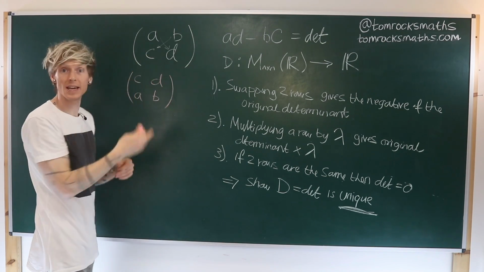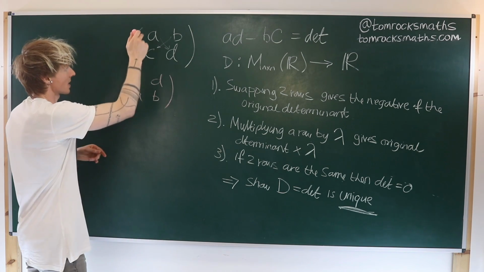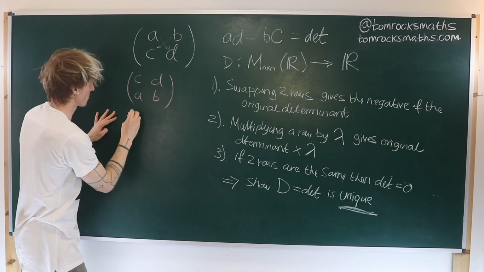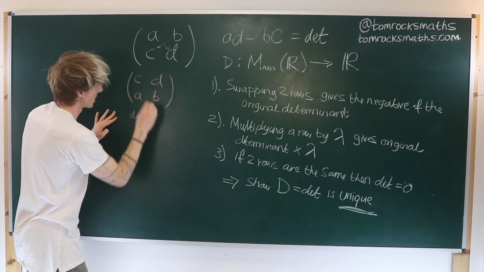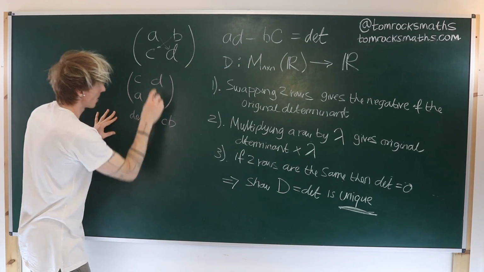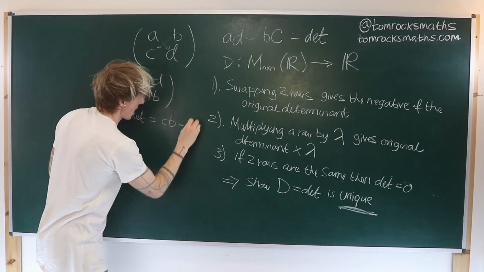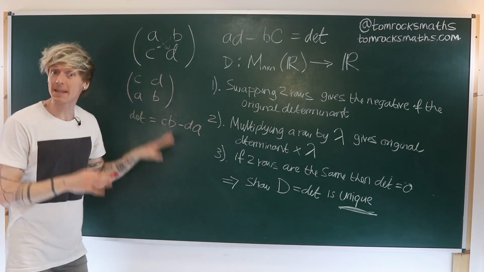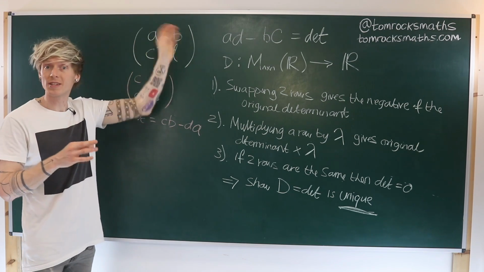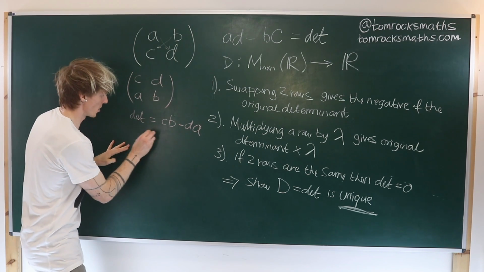Now if we use our same definition, top left times bottom right, the determinant of this is CB minus DA. But this is very similar to the original determinant, and in fact it's exactly what we want.